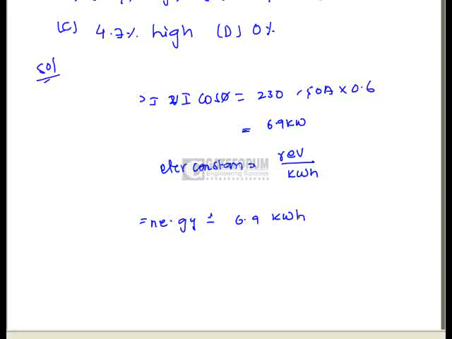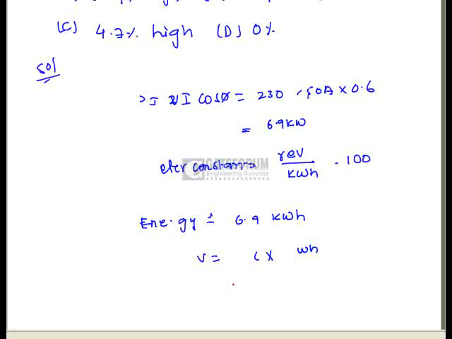And we also know that the meter constant is 100, that is revolutions per kilowatt hour. From this we can find the actual number of revolutions the meter has to make. The revolutions equal the meter constant multiplied by the total energy consumed.